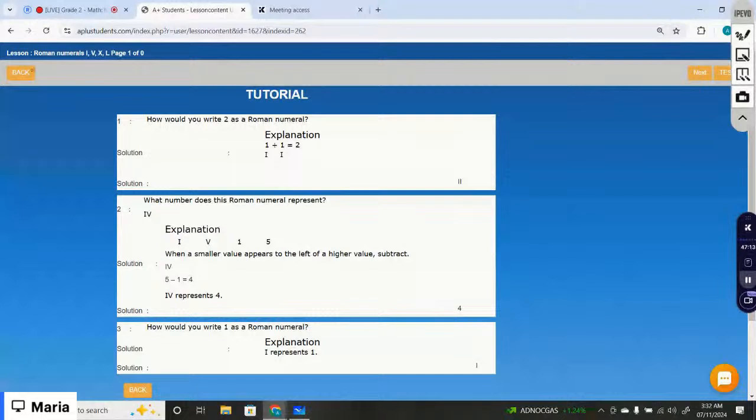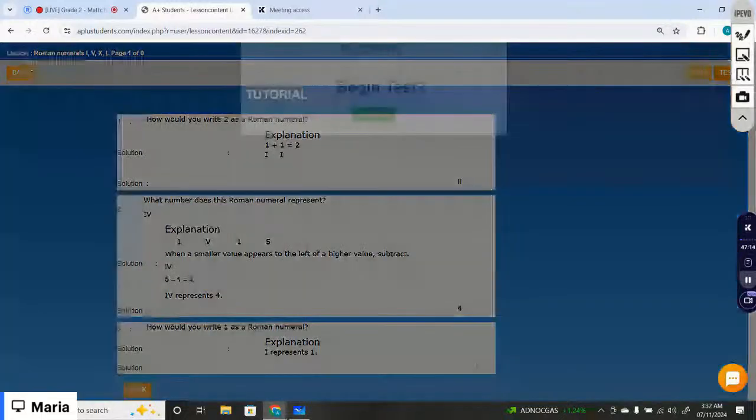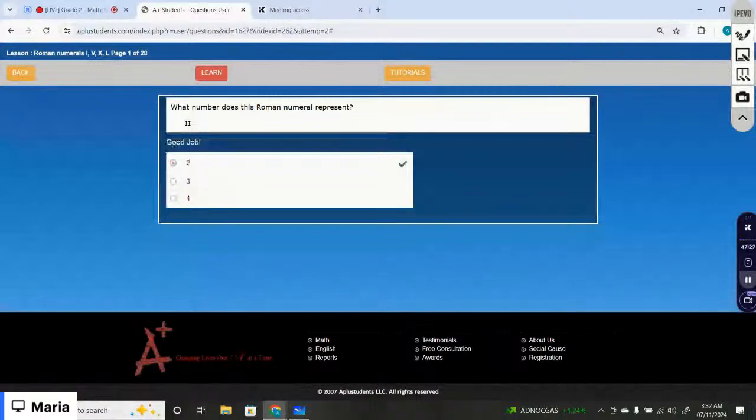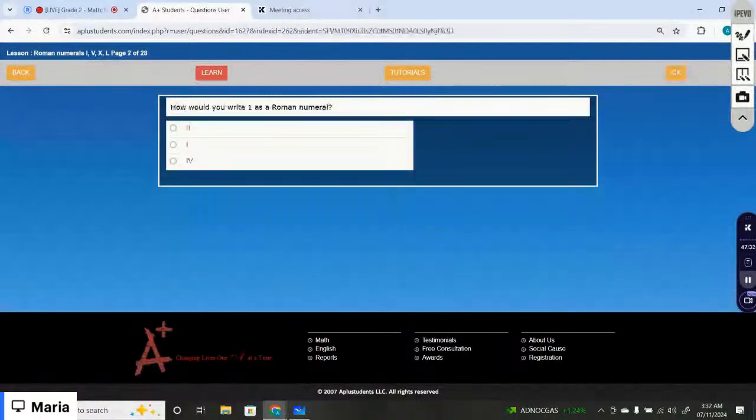Let's just start with the test questions. Let's see how we write numbers. So what number does the Roman numeral represent? That's the one we just did. I means 1. So I and I means 2. 1 plus 1 is 2. So 2 it is. How would you write 1 as a Roman numeral?